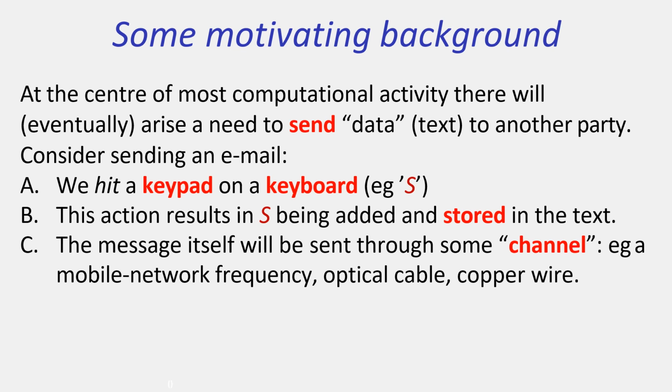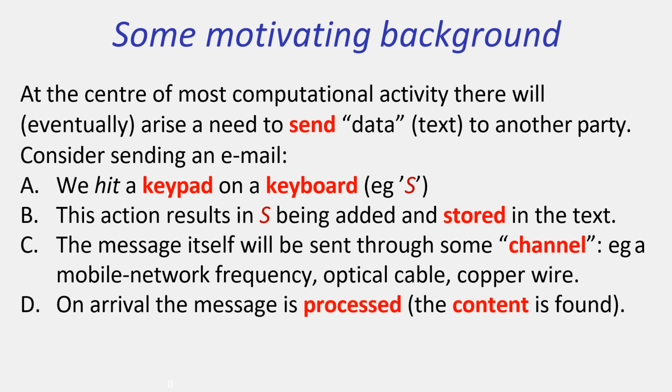When you have completed and are ready to send a message, it is going to be sent through what is referred to as a channel. Now, a channel may be a specific mobile network frequency, it may be a physical channel, such as an optical cable, or even something like a simple copper wire.